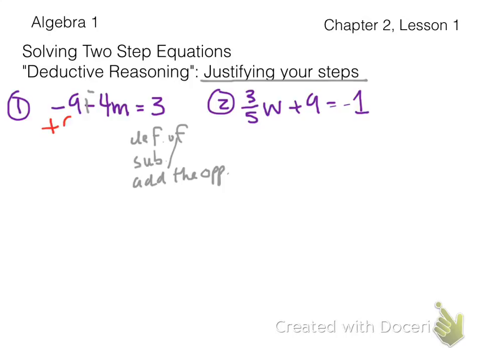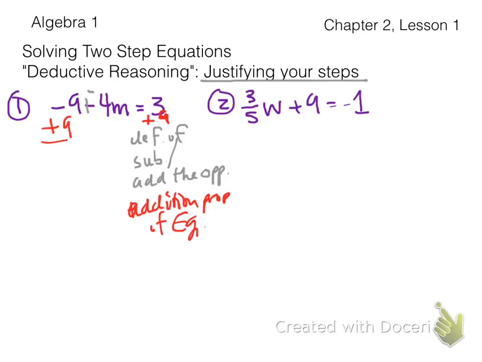So I'm going to add 9 on both sides, and this is what we call the addition property of equality. So let's see here, addition prop of equality. All right, and you can abbreviate it. I'm not too big of a stickler, but you still have to be able to identify these things.